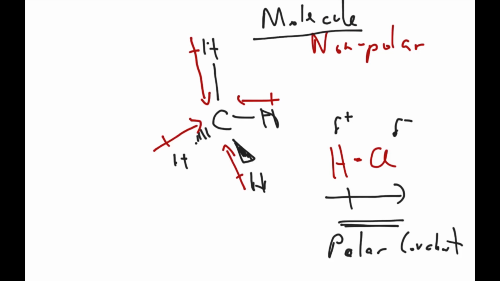Okay, and now there are cases where the bond can be polar, but still overall the molecule is nonpolar. Let's take a look at another example of that. So we'll do a compound between carbon and chlorine. We take chlorine, 7 valence electrons, and we go through a similar situation as with hydrogen.